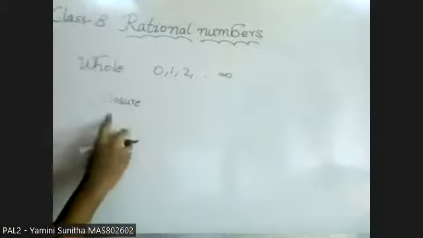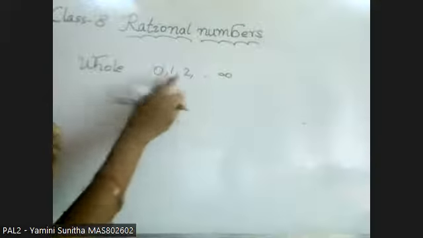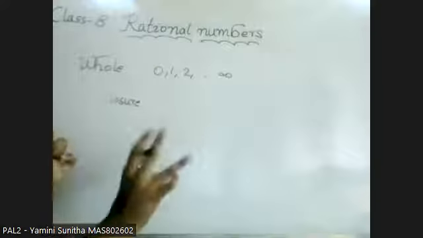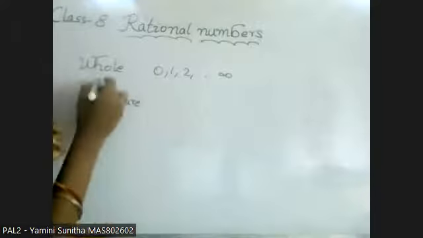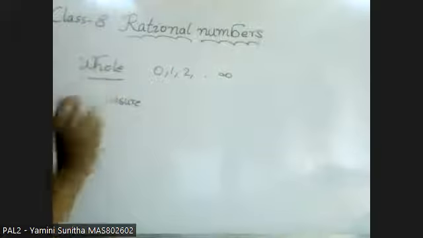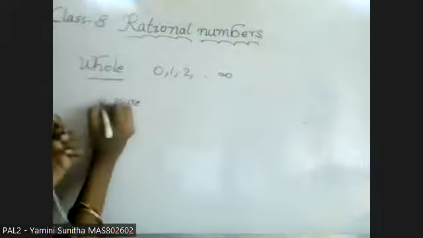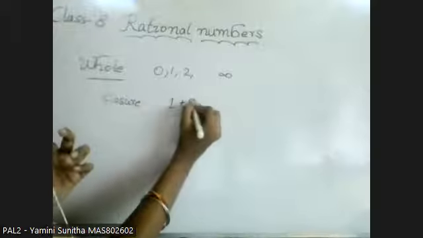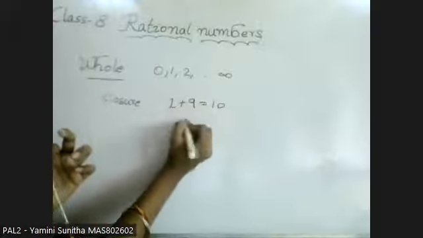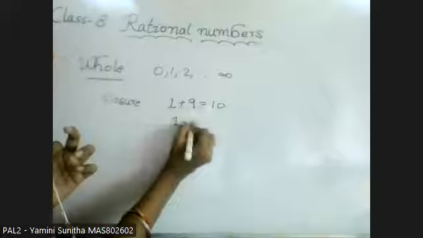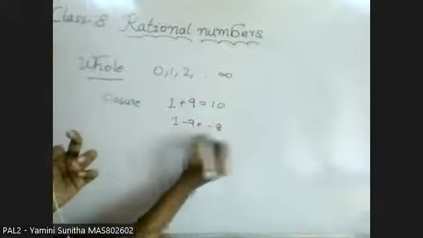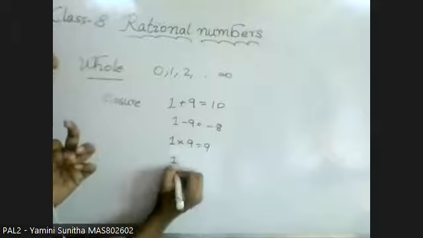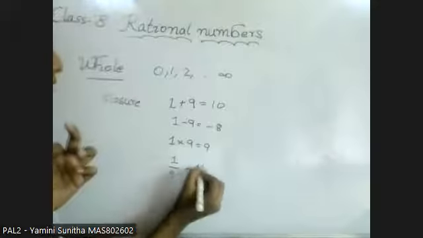Closure property means if we take two numbers from whole numbers and apply any operation, subtraction, addition and so on, if we solve, we should get the same number which belongs to the number system of whole numbers. So let us take the same example. 1 plus 9 equal to 10. 1 minus 9 is equal to minus 8. 1 into 9 is equal to 9. 1 by 9 is equal to 1 by 9 only.